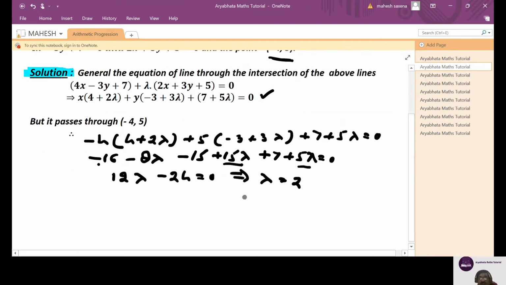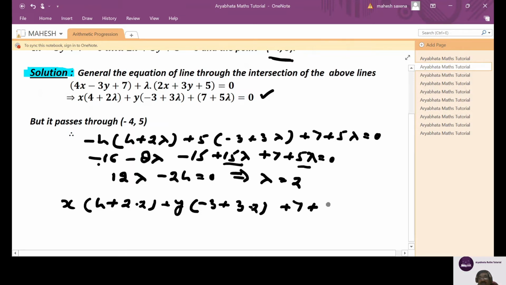Now we put this value of lambda in the equation. Therefore, it will be x times (4 plus 2 into 2) plus y times (minus 3 plus 3 into 2) plus 7 plus 5 into 2 equal to 0.